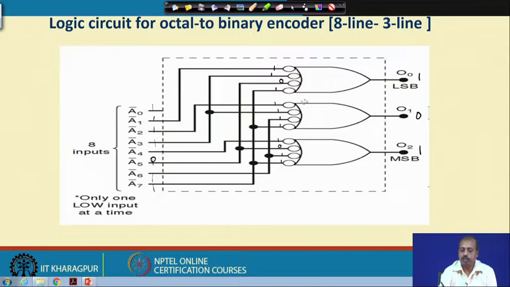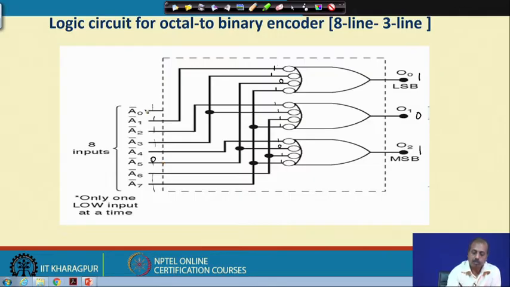So, it is inverted and then OR. This is basically the NAND gate, and for a NAND gate, with all inputs equal to 1 the output is 0, and if any of the inputs is equal to 0, the output is equal to 1. So, you will get the pattern 101 at the output. This A5 being equal to 0, output is 101.